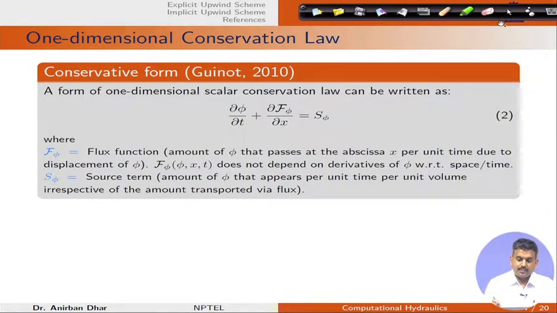So, with this information we can proceed. We can see that phi is a function of x and t only. So, one dimensional in space and we have one time dimension.